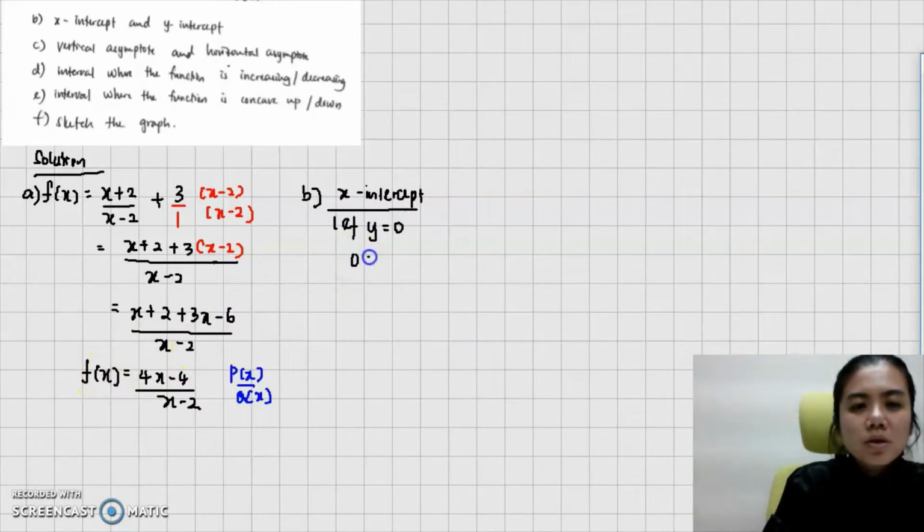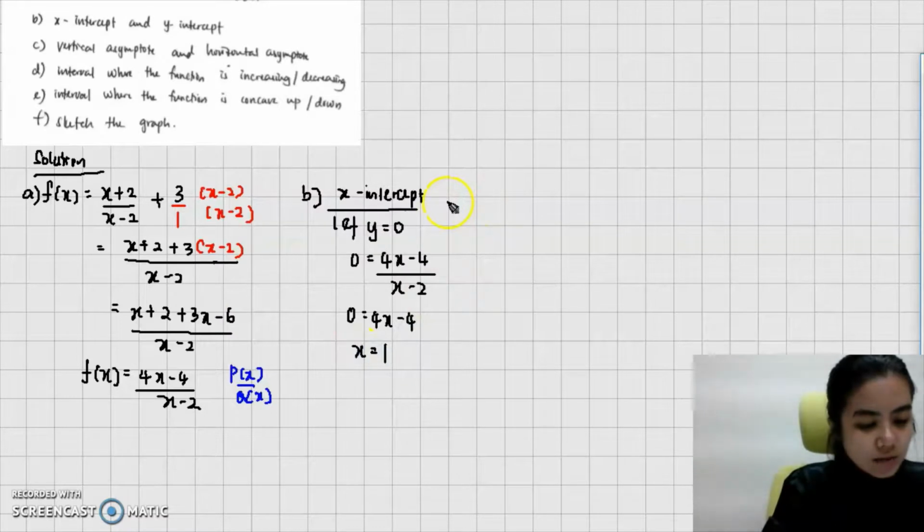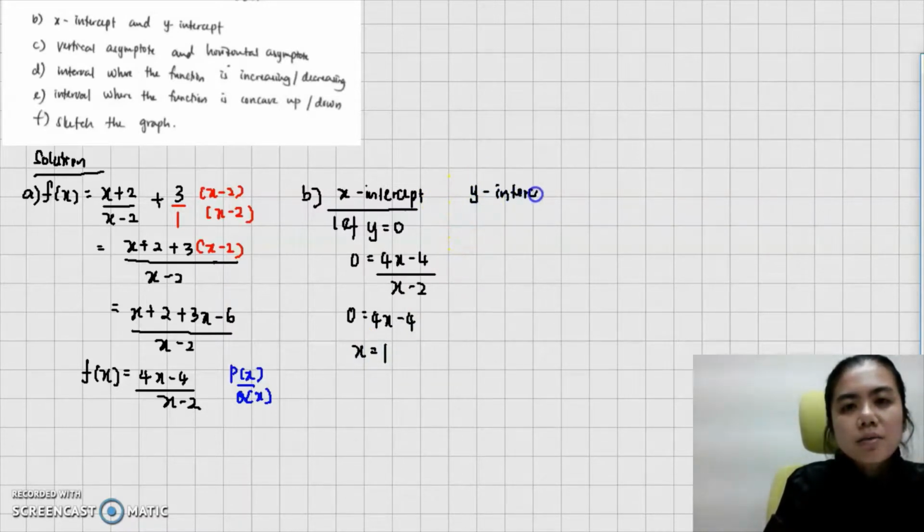So 0 equals 4x minus 4 over x minus 2. Solve it, and we will have x equal to 1. Then we find the y-intercept. For the y-intercept, you let x equal to 0 and substitute in here.